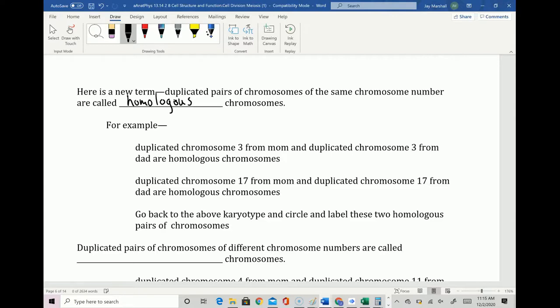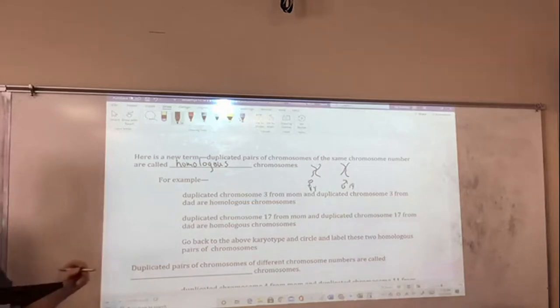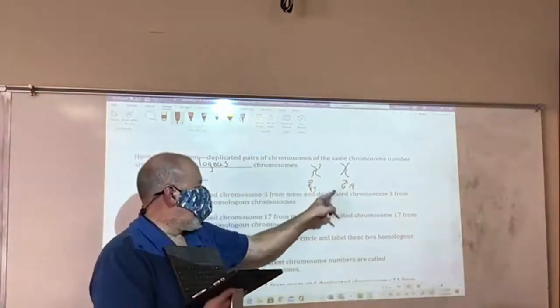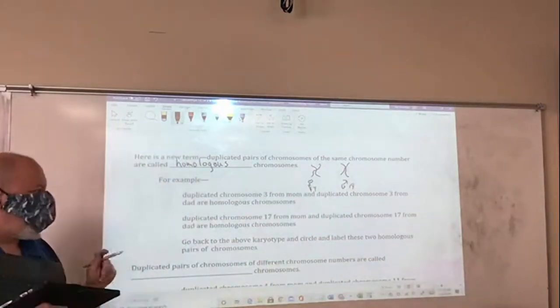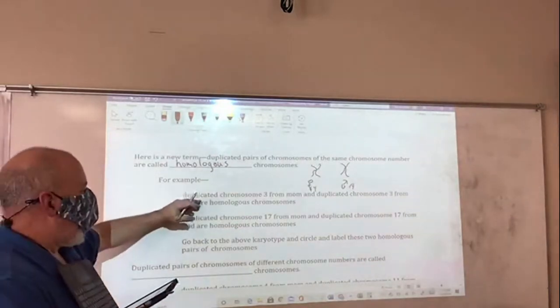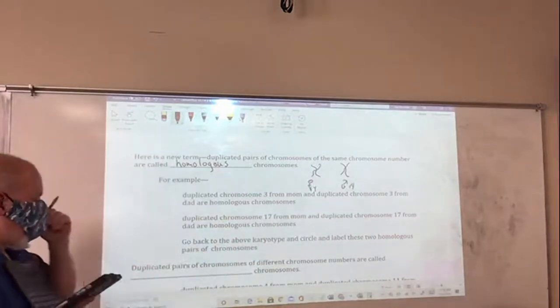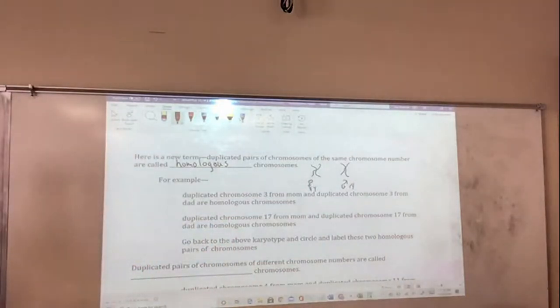What I mean by that is if I have mom's duplicated chromosome 14 and I have dad's duplicated chromosome 14, these are homologous. So duplicated chromosome 3 from mom and duplicated chromosome 3 from dad are homologous. Duplicated chromosome 17 from mom and duplicated chromosome 17 from dad are homologous.